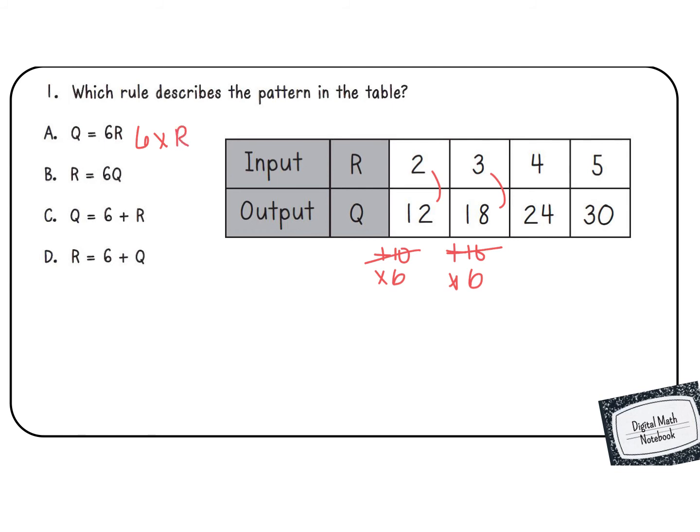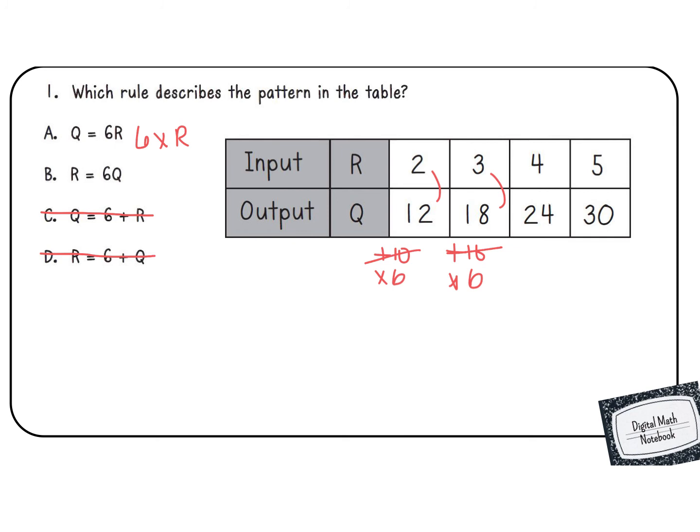B says that R equals 6 times Q. Now, these two look similar, but the Q and the R are backwards, so think about which one we're going to multiply. C says Q equals 6 plus R. We know that we're not adding. And D is also adding, so it's not D. So we need to decide whether it's A or B.